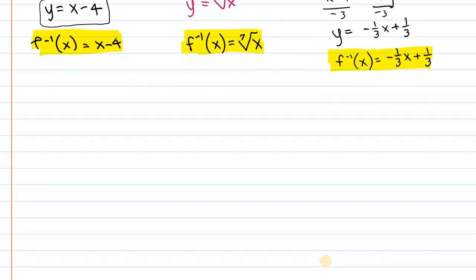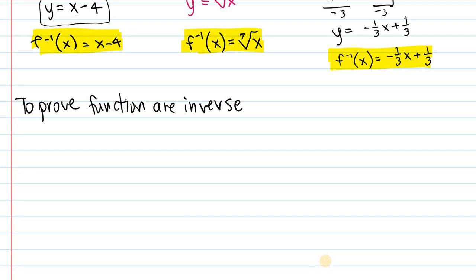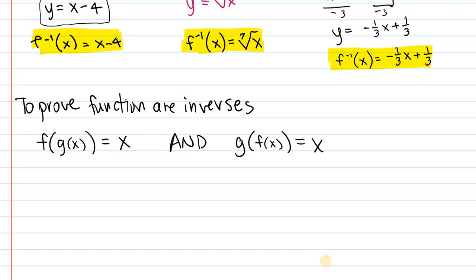The next thing you might need to do is to determine if two things are inverses. To prove functions are inverses, we're going to use composition, what we learned in the last lesson. If f of g of x equals x and g of f of x equals x, then f and g are inverses.